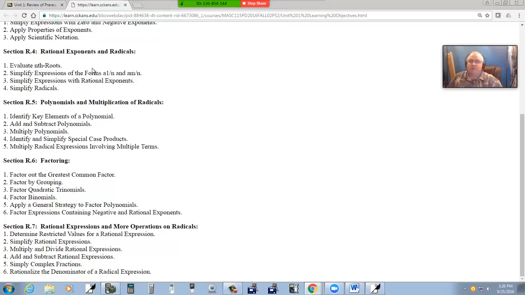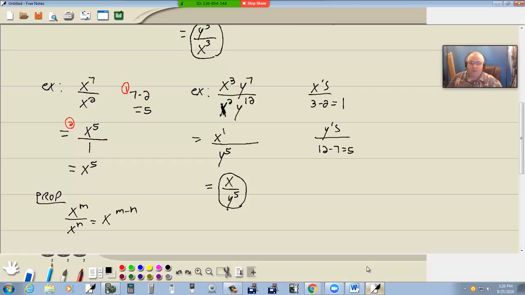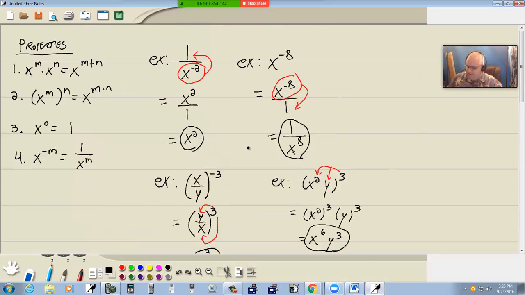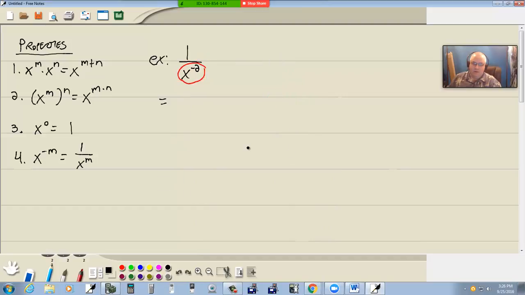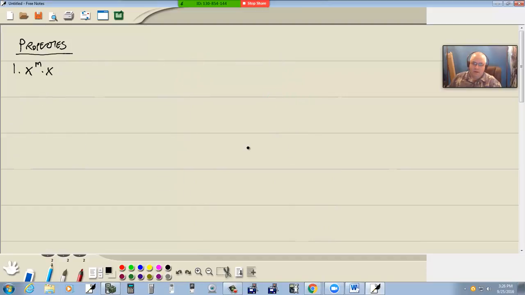Okay, rational exponents and radicals. Let me clear this off. And it's best shown by an example, I think.